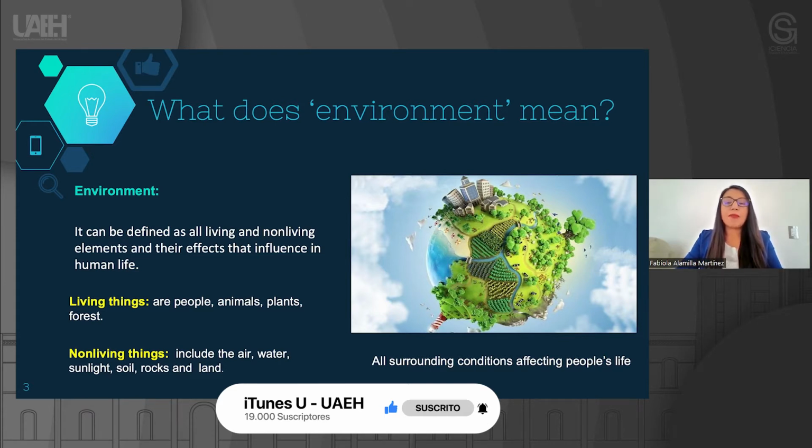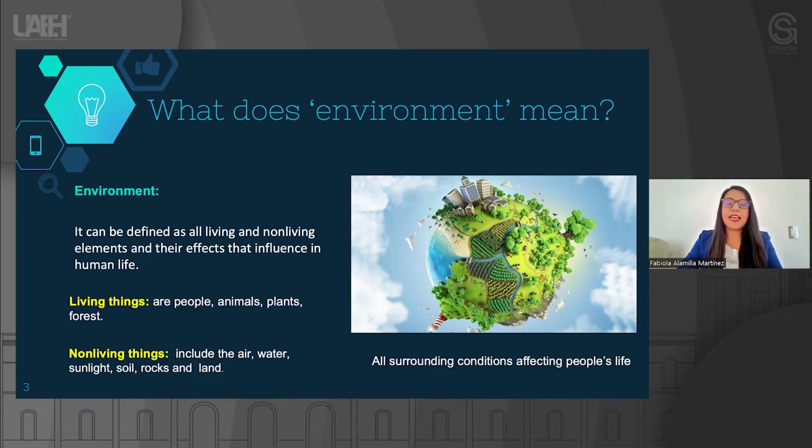An environment can be defined as all the living and non-living elements that influence our human life. That means all the things that surround us are our environment. We may identify two important elements. The first one is living things: people, animals, plants, all the things which have life.